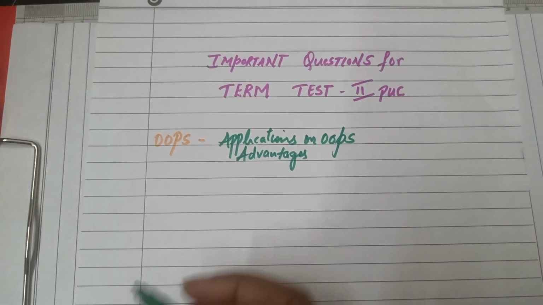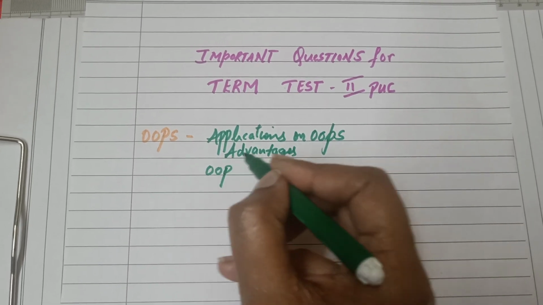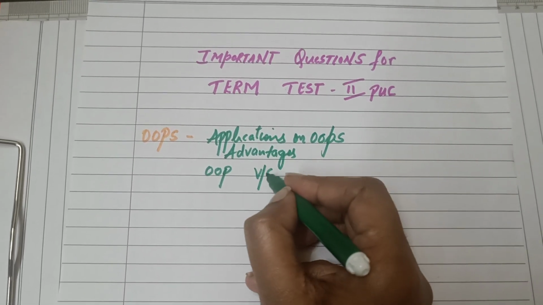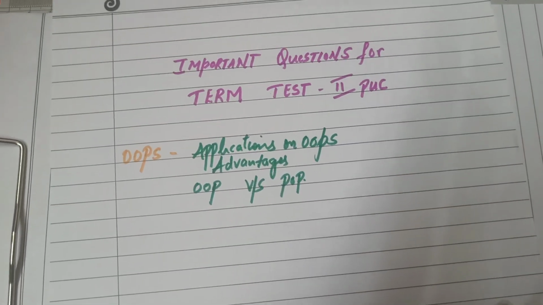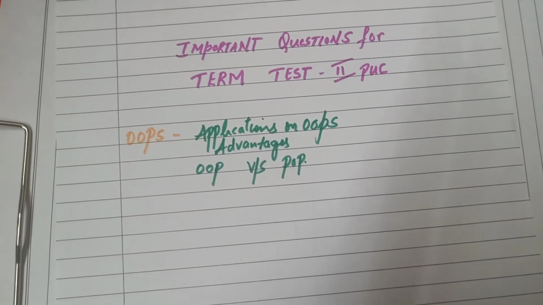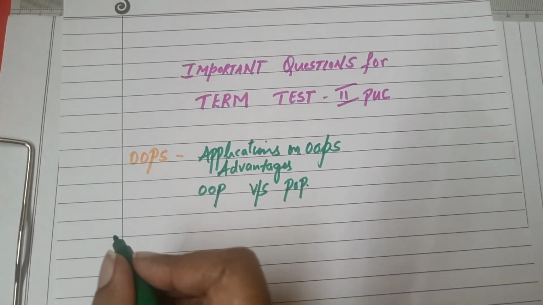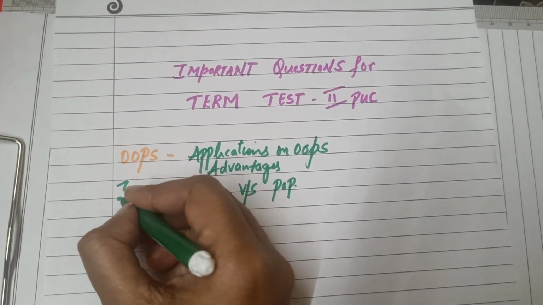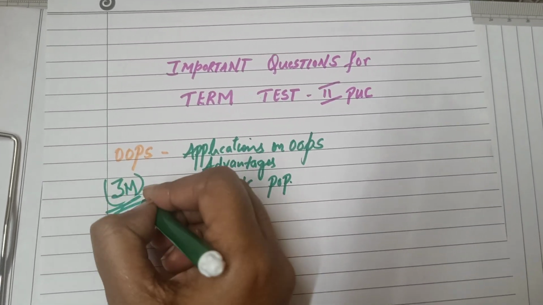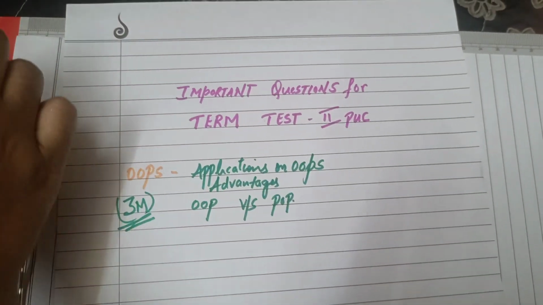And one more important question is the difference between OOP and POP, that is, object oriented programming and procedural oriented programming. See students, these three questions are the most important and expected questions from the OOPs concept, especially for the 3 marks.